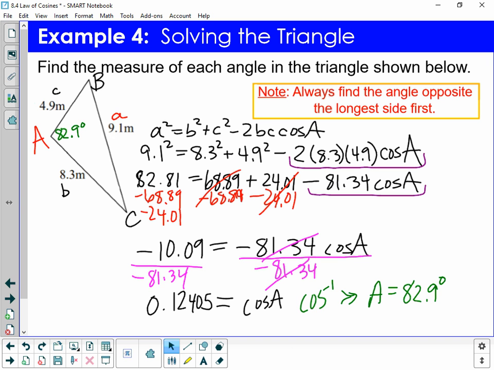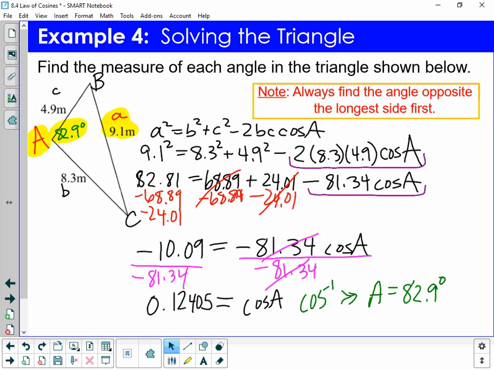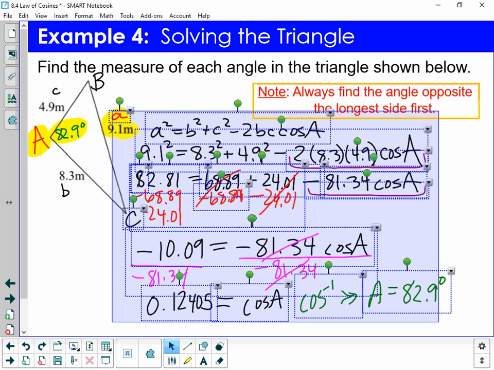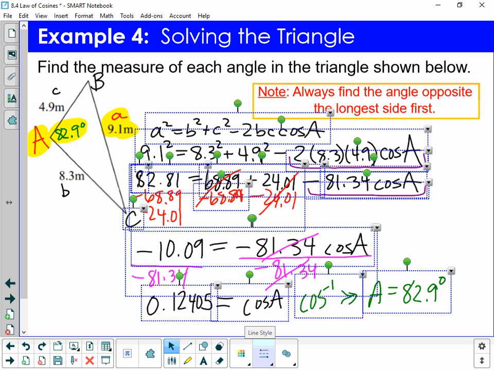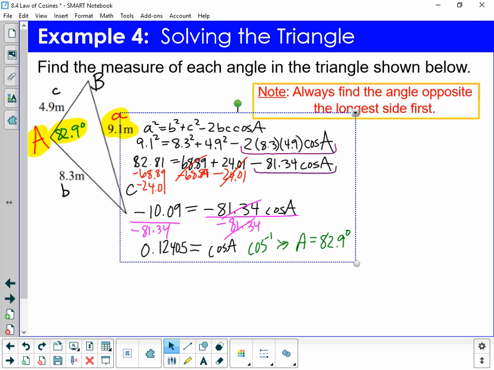And now that I've found angle A, and again, my goal is still to find all of the angles, I have this partnership here with the A's that I can use to help me find angle B and angle C. Sorry, I wrote too big. I made a mess on my board. I need to make it smaller.